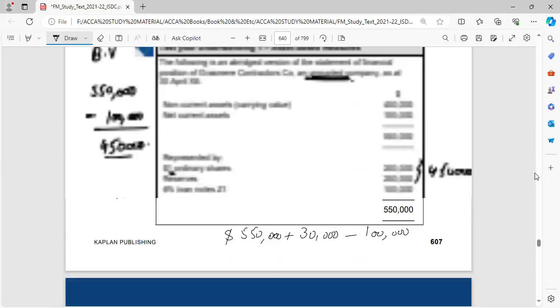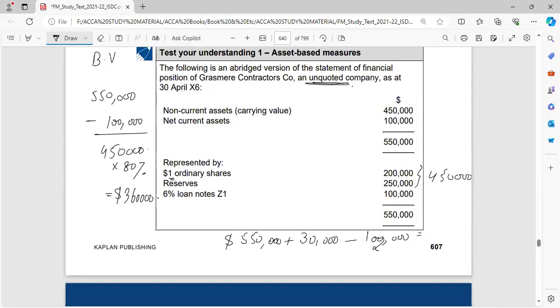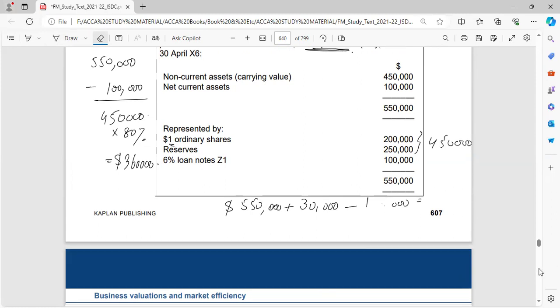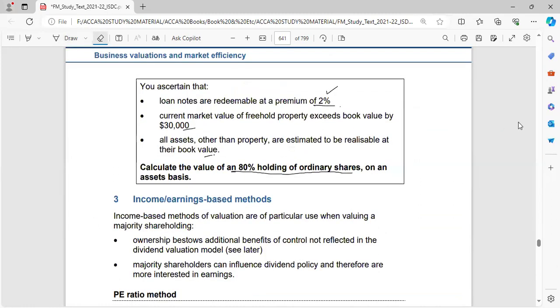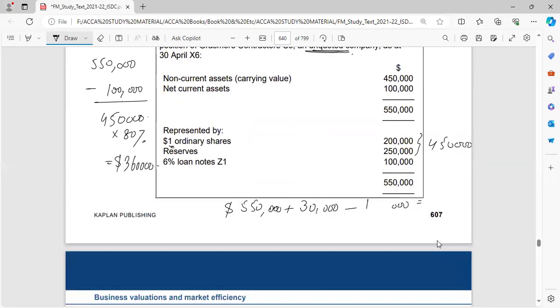Suppose I use the 2% premium as well, although this is not the market value of the loan notes, redeemable after 5 years.